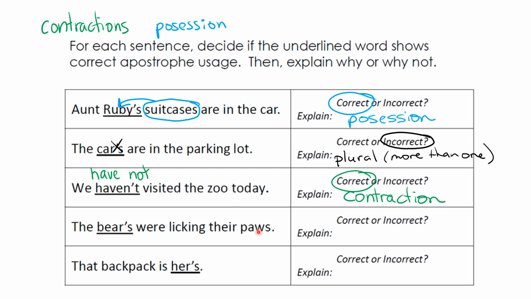Paws is over here at the end. So I think for this one, we mean plural. I mean multiple bears. It wasn't just one bear. And we know we do not use apostrophes when we have multiple things. So this is wrong. We can cross it out. And we can say it is incorrect because it's trying to show plural or more than one.